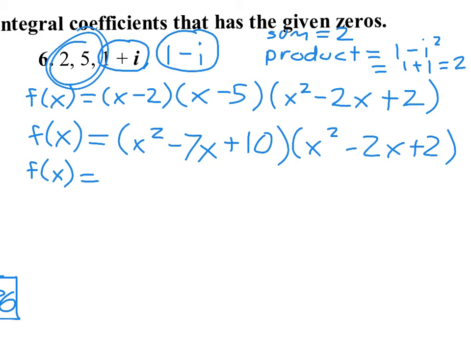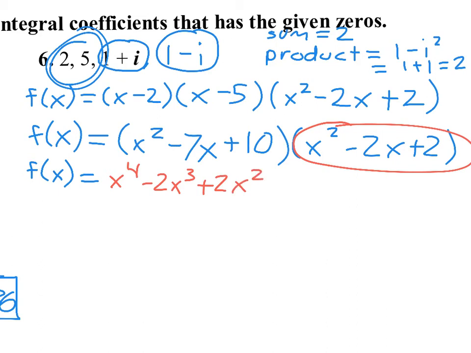First I'm going to do x squared times all of these. So x squared times all of those, we get x to the fourth minus 2x to the third plus 2x squared. Now I'm going to multiply negative 7x times the circled part.